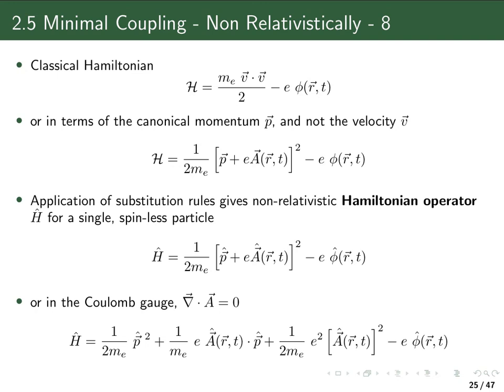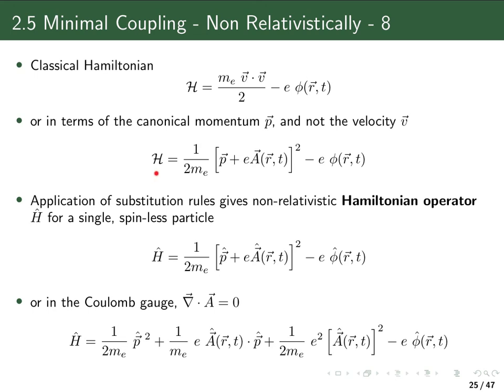You can see here we have the canonical momentum plus the elementary charge, because we are talking about an electron, times the vector potential, and squared. Now we have the Hamiltonian expressed, the variables are position vectors and canonical momentum. Now we can apply the substitution rules.